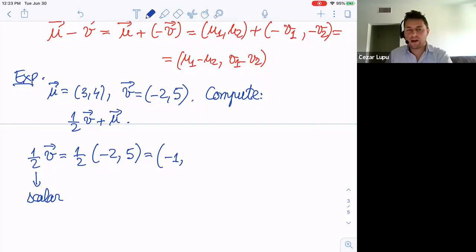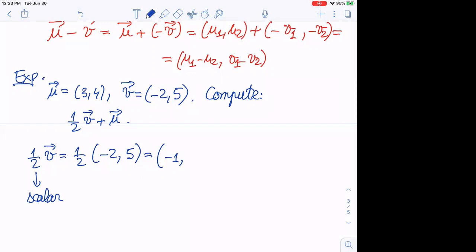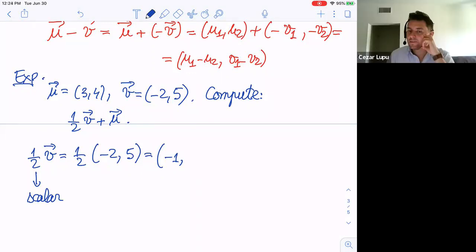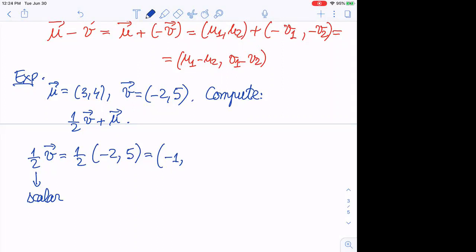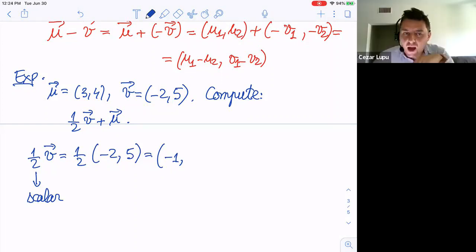How did you have 265 when the vector only has 2 components? No, it's 6.5. Because 5 divided by 2 is 2.5. Oh wait, yeah, 2.5. Okay, sorry, I see now. It's not a comma between, it's 2, 6.5.